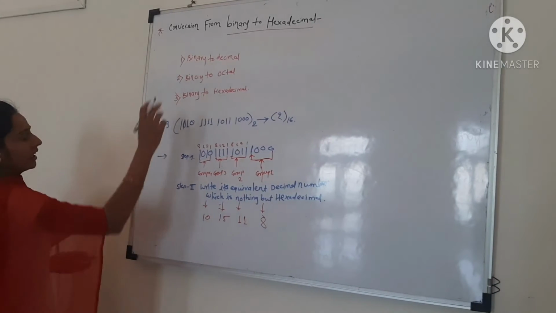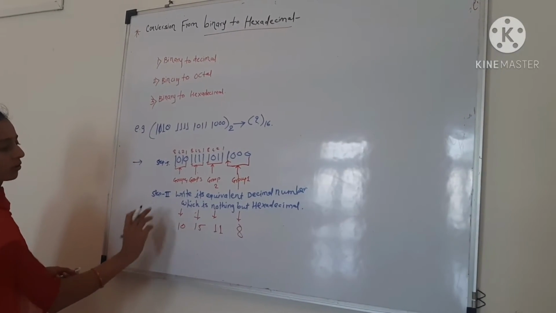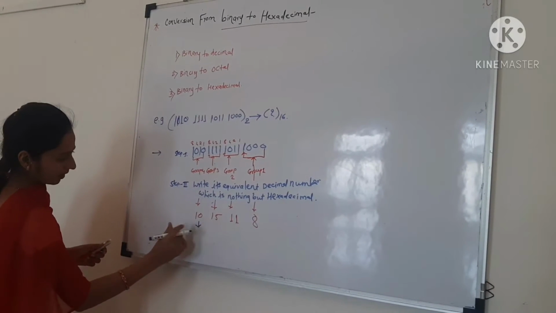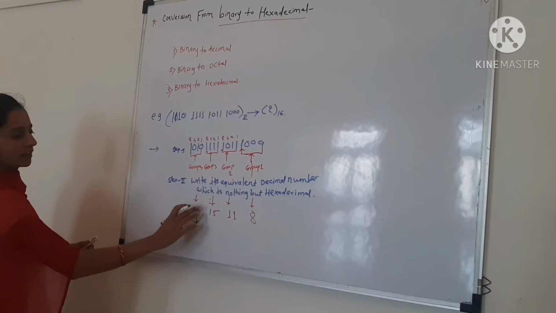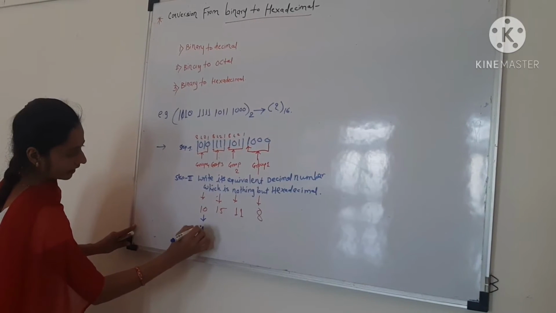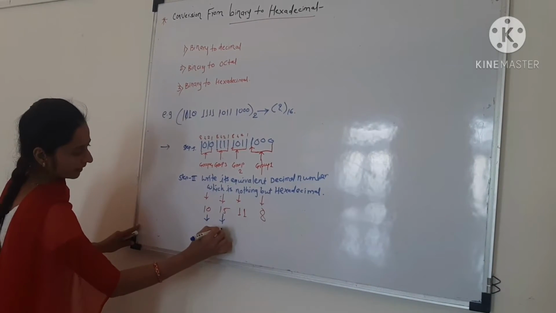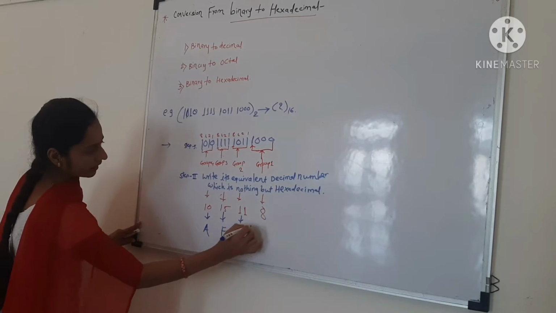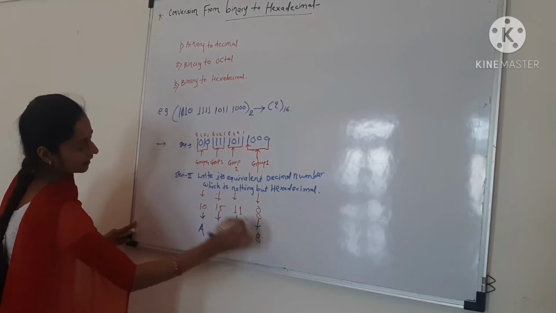But we have seen that in hexadecimal, the decimal numbers 0 to 9 are represented as they are, and after 9 the numbers are represented by characters. So 10 is represented by the character A, 15 by F, 11 by B, and 8 is represented as 8.